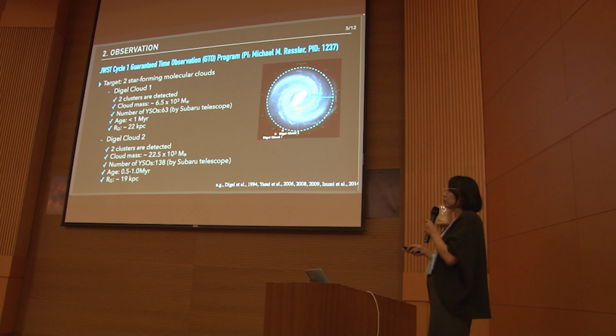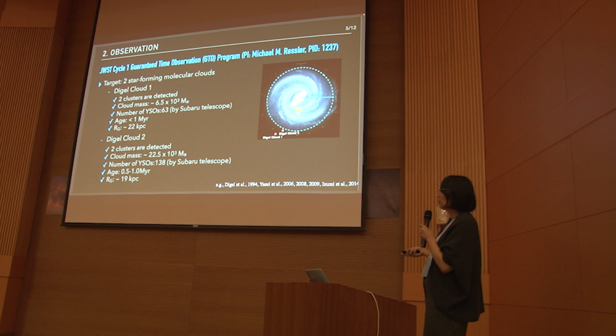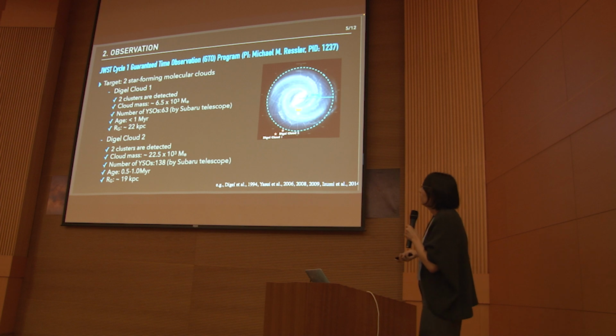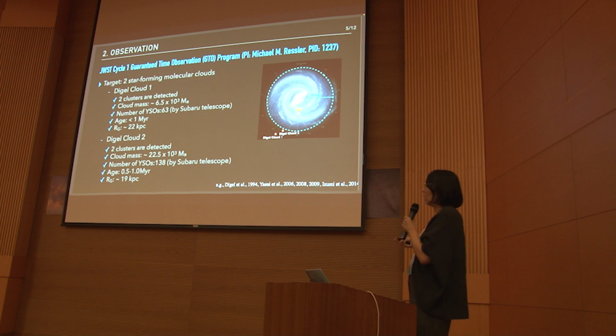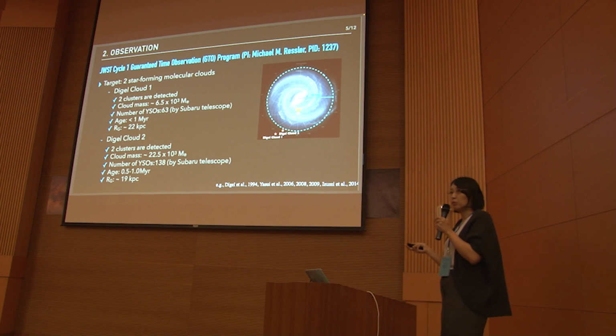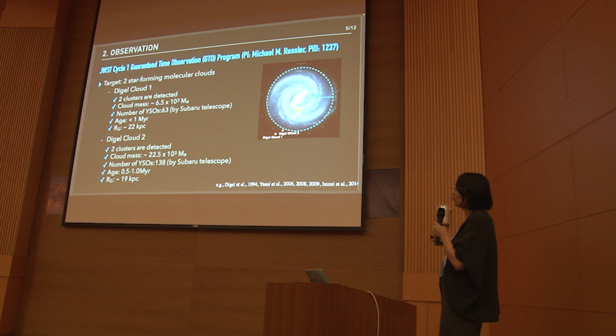Based on our previous observations with the SUBARU telescope, we detected 2 star clusters in each target. But I also note that the mass of the clouds and the number of stars are not so big, which means there are no massive star-forming clusters in the target regions.